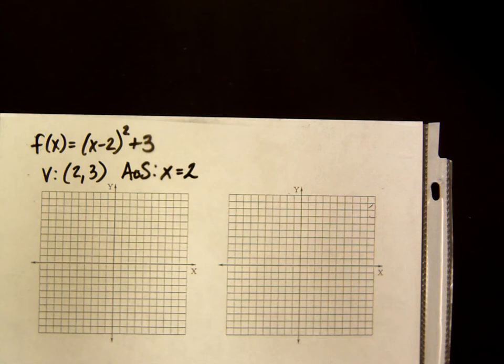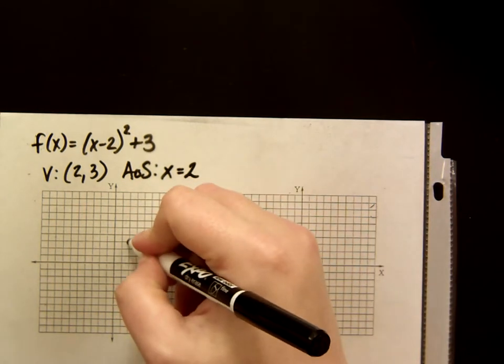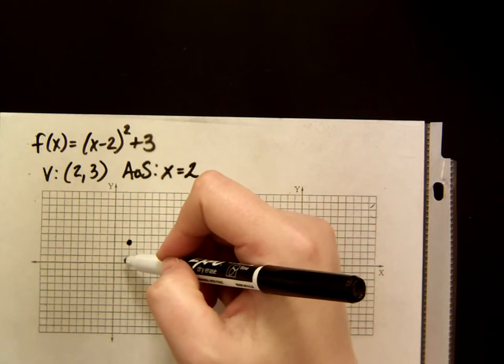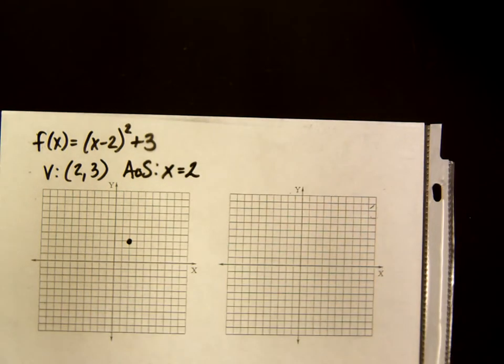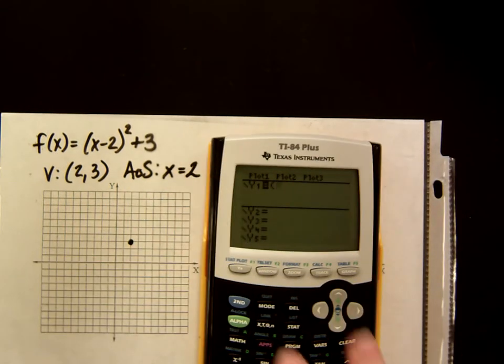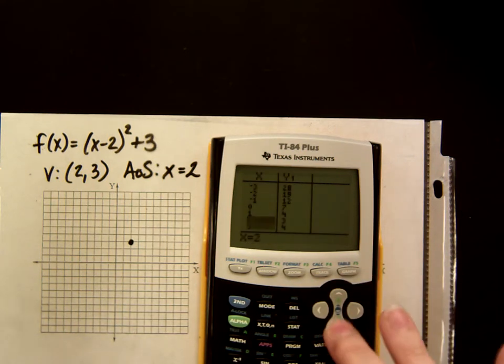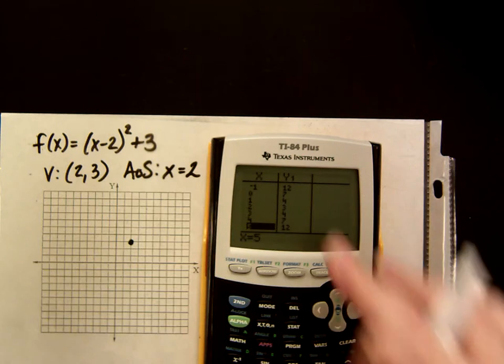Now, I can graph this pretty easily. 2, 3 is my vertex. You can plug in, but I'm taking the shortcut to save us a bit of time. So x minus 2 squared plus 3, and look at the table. Now, 2 is my center point.